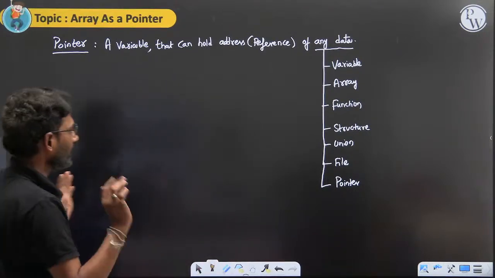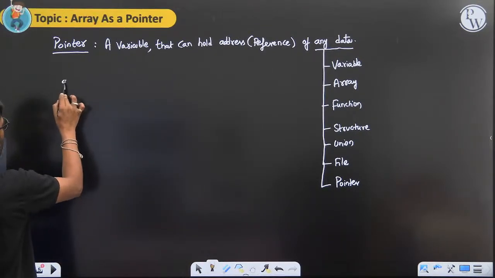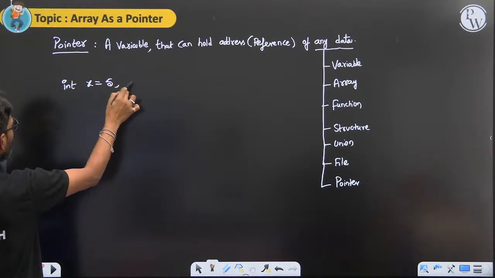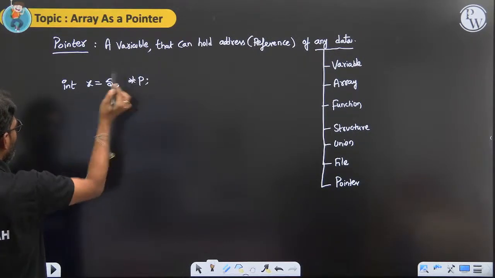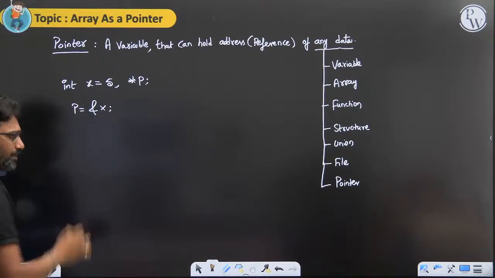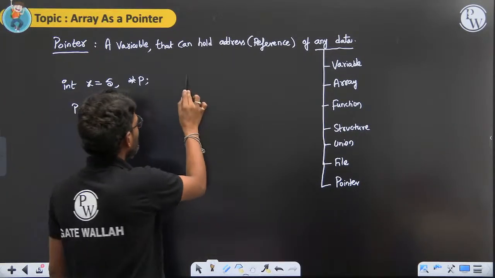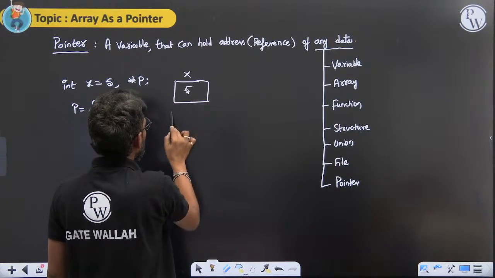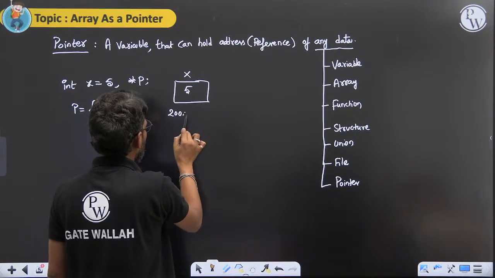Alright. Now suppose I create int x = 5, *p, and I say p = &x. Let this x have memory allocated at 2000.